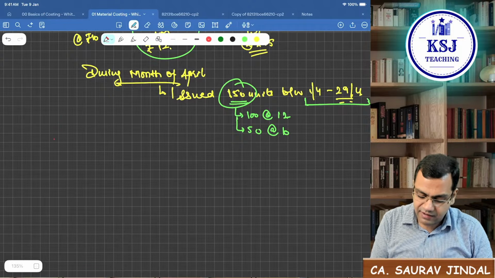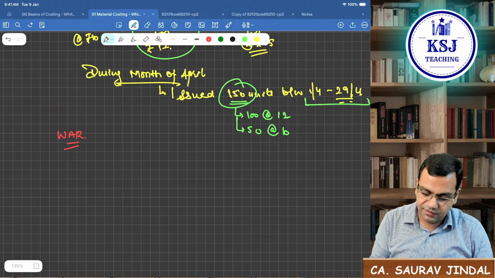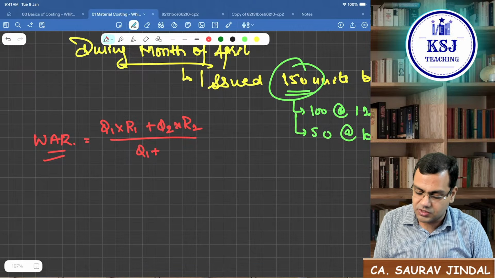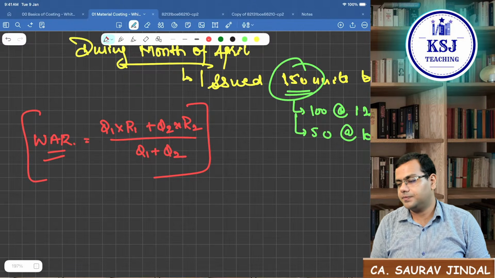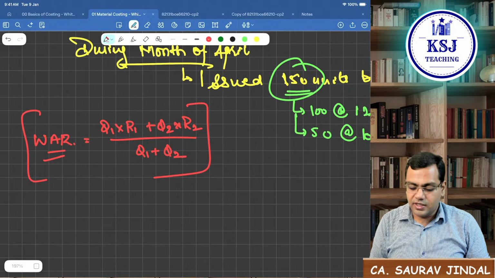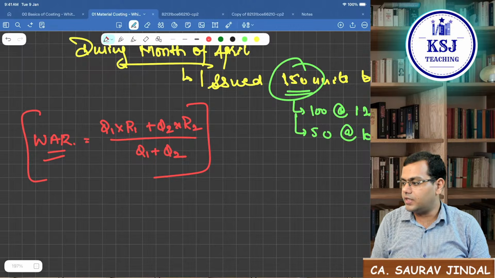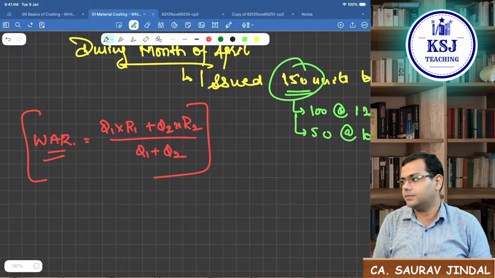How is the weighted average rate calculated? It is quantity 1 into rate 1 plus quantity 2 into rate 2, divided by quantity 1 plus quantity 2. This will give you the weighted average rate.